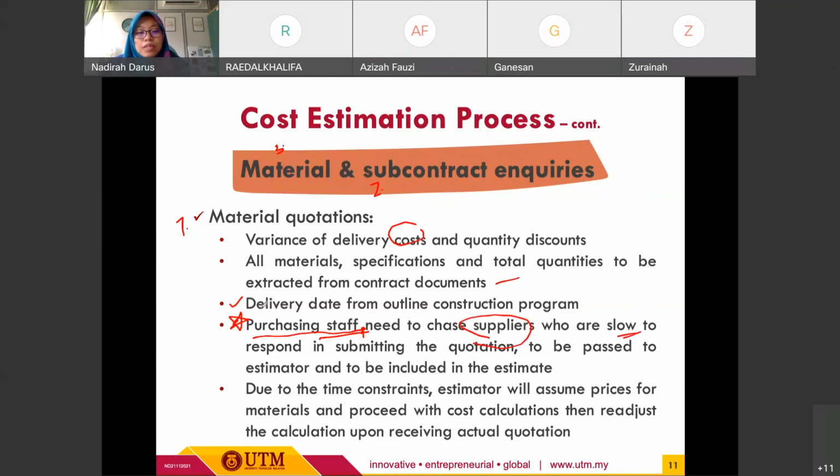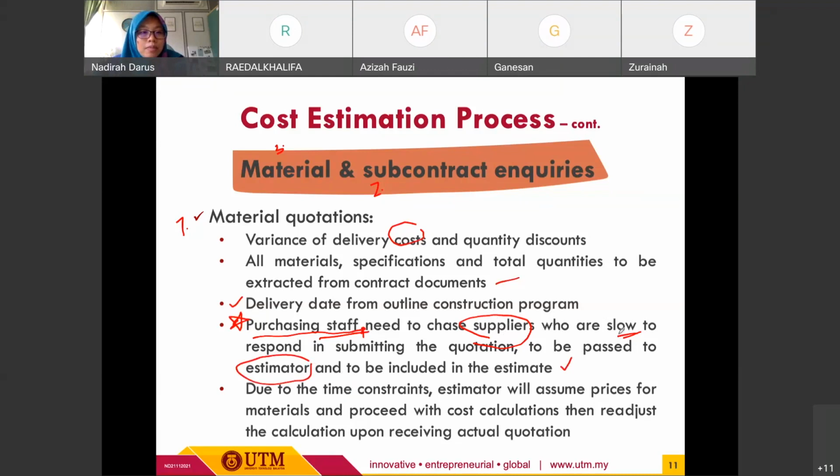So the purchasing staff need to chase them in order to submit the quotation and pass it to the estimator. At the end, the estimator will use this material quotation for the cost estimation, so that it will be included in the estimate price.